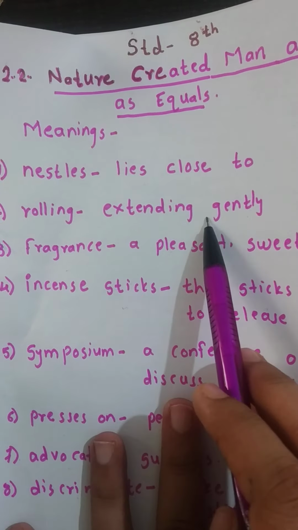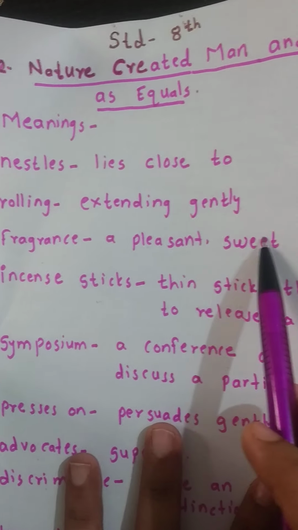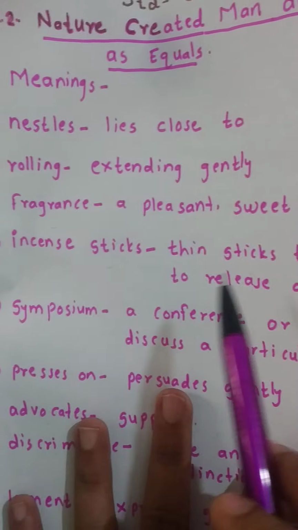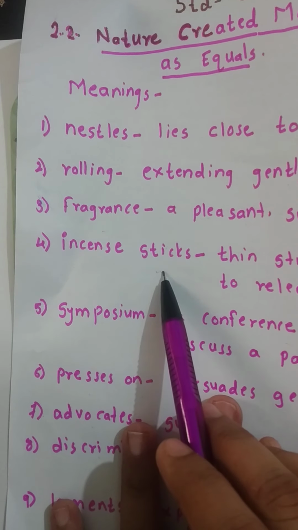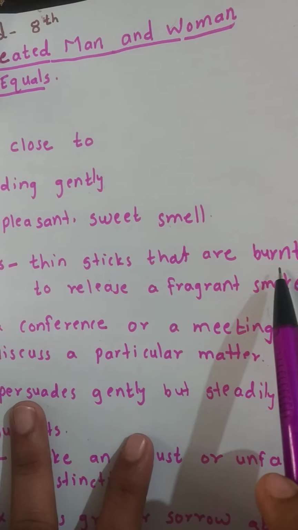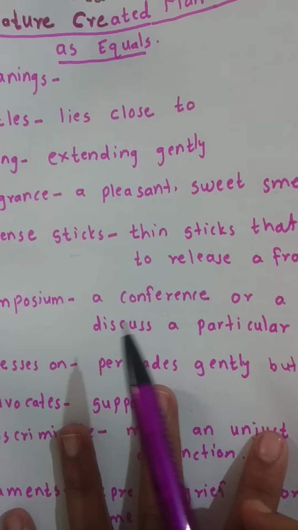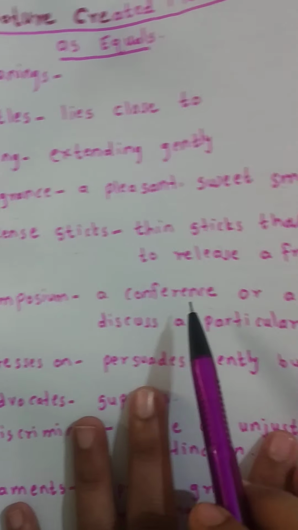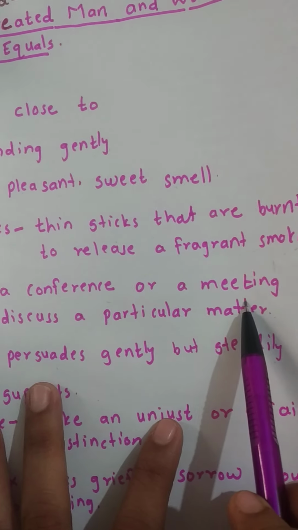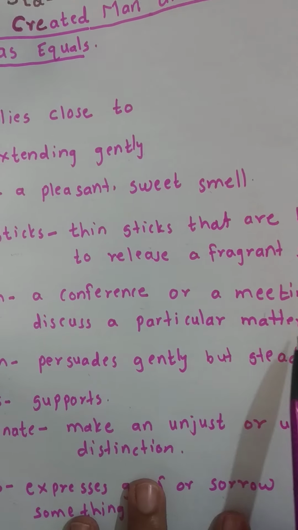Rolling means what? Extending gently. Third is fragrance, a pleasant and sweet smell. Next is incense sticks. Incense sticks means thin sticks that are burnt to release a fragrant smoke. Next, symposium, a conference or a meeting to discuss a particular matter.